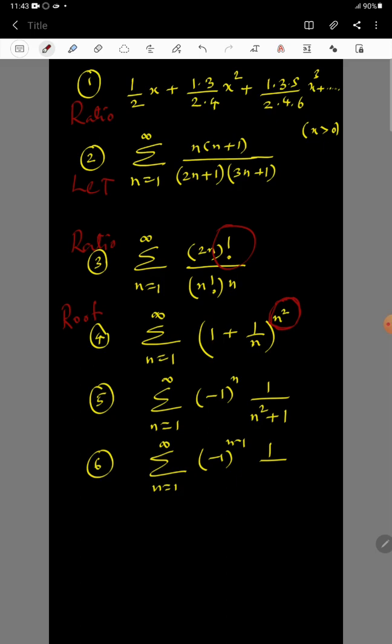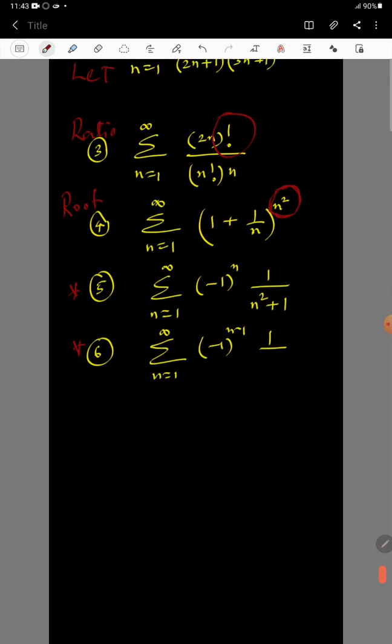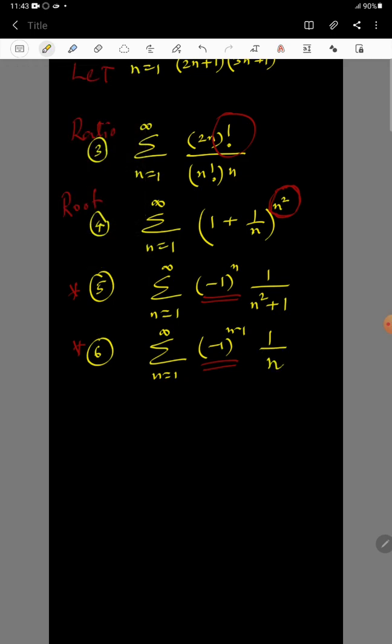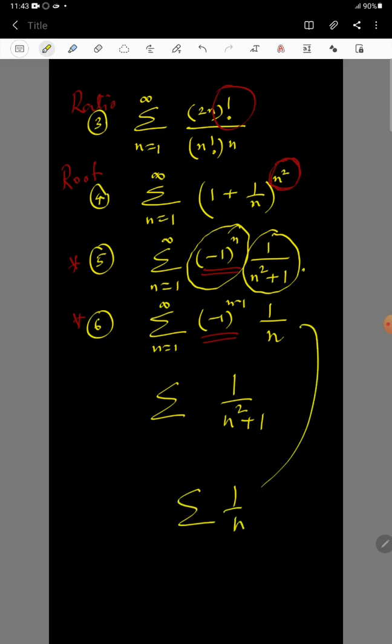And for this fifth and sixth, be careful that it is corresponding to alternating series, minus 1 to the power of n, minus 1 to the power of n minus 1. I'm sorry, I'll write that n here, it was missed in that one. Now for these two, the working style is, first we will remove this part and we handle this part, that is sigma 1 by n square plus 1 for this one, and for this we handle sigma 1 by n.